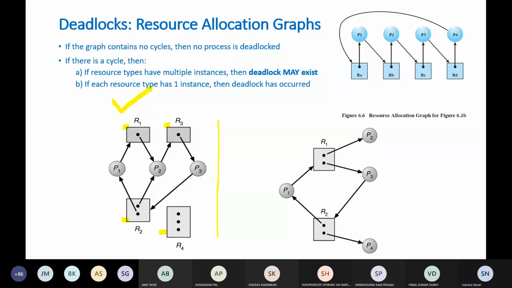Hello? Is this a deadlock? The first one? Yes, sir. What about the second one and the third one? What about this one?